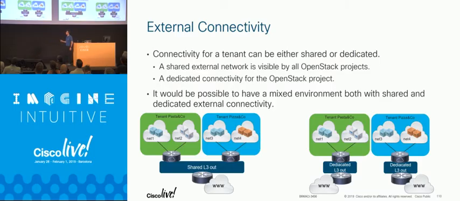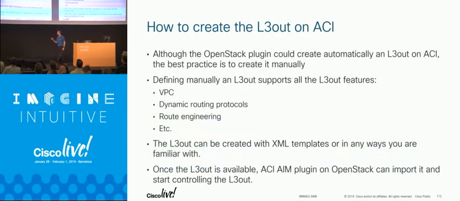Or you can use a dedicated L3 out. Potentially you need to have a specific L3 out extension per project that you're running for different reasons, right? So in that case, the dedicated L3 out is created per tenant. How do you do that? The L3 out is a resource which you define manually, using a RESTful API, let's say, outside of the scope of the OpenStack plugin.